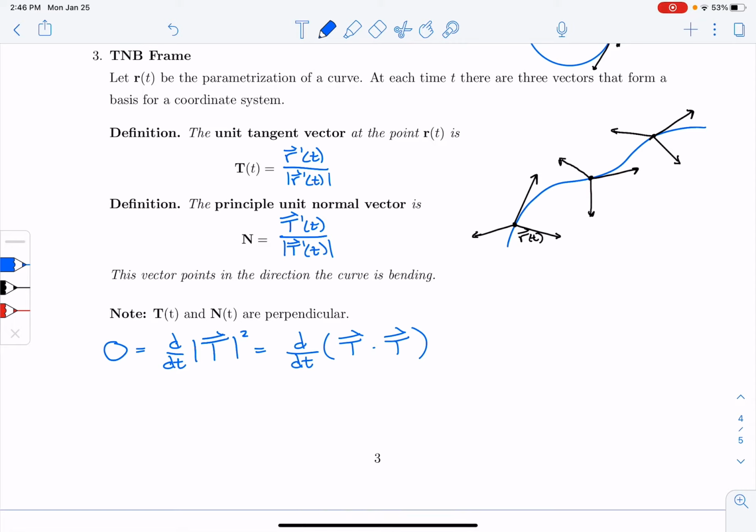Because we know that the length of the unit tangent vector is always 1, and so the derivative of 1 should be 0.